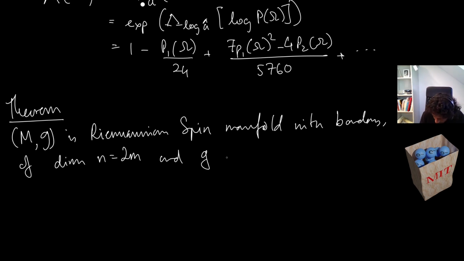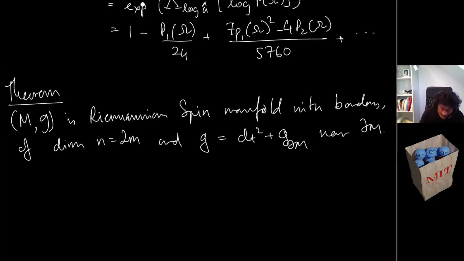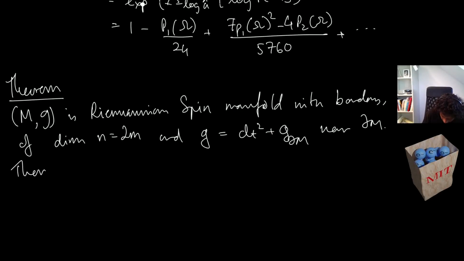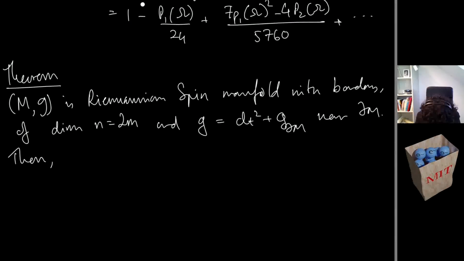And g is a product, g is equal to dt squared plus g near the boundary. Then I have all of the hypotheses that I want.